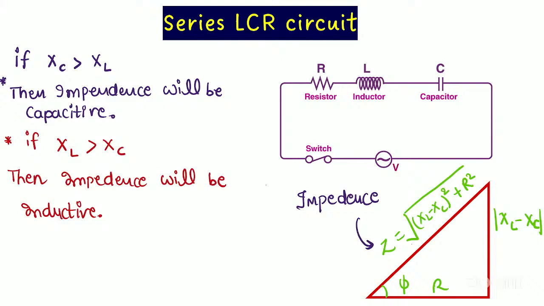Now, first of all, we should understand what an LCR circuit is. It's a combination of a resistor, inductor, and capacitor, in which an alternating source of voltage is applied. This is the alternating source.